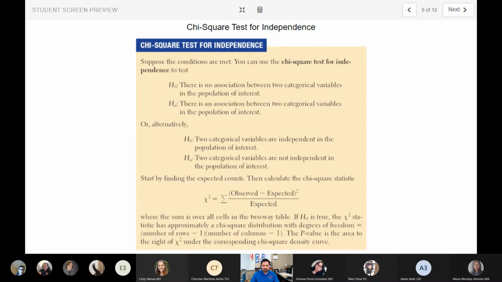Or we can state this in terms of independence: the null is that two categorical variables are independent in the population of interest, versus the alternative that two categorical variables are not independent in the population of interest. After that point, the process is exactly the same as the chi-square test for homogeneity.